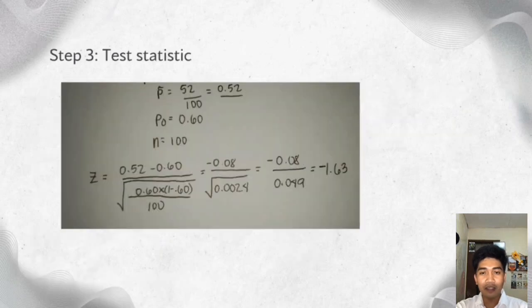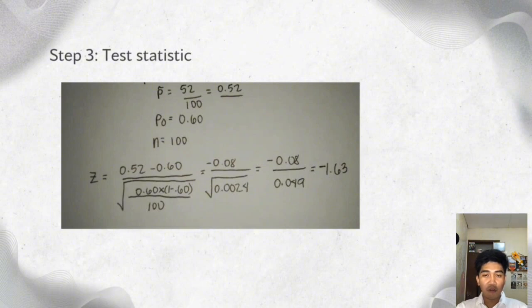Step 3, test statistic. The sample proportion is equal to 52 over 100. 52 is given, katong 52 satisfied customers, over the 100 customers, is equal to 0.52, and the hypothesized proportion is equal to 0.60, and the sample size is 100.